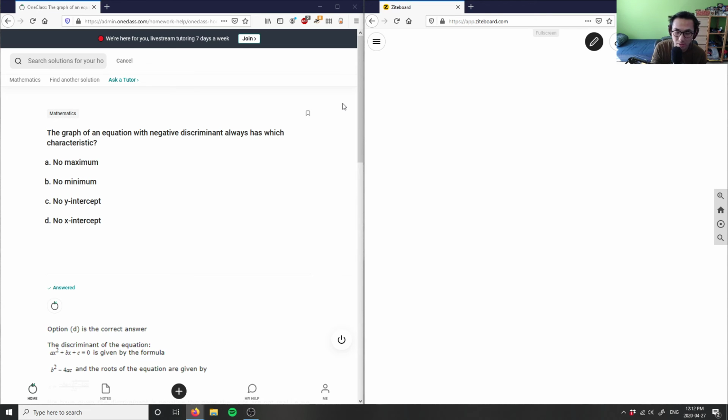Okay, so we have number 3 here. It says the graph of an equation with negative discriminant always has which characteristics? So number 3. So it has negative discriminant. Let me rewrite that here. When we're talking about the discriminant, we're talking about b squared minus 4ac, right?